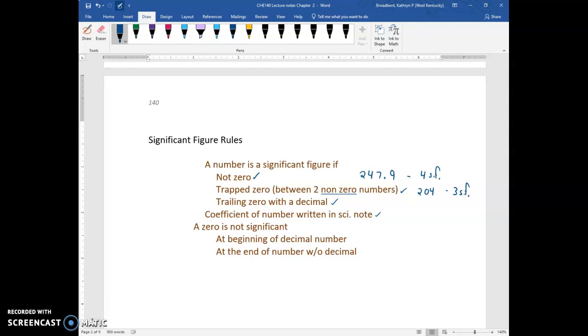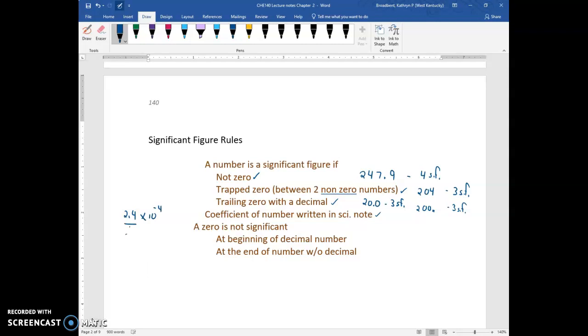A trailing zero with a decimal, so the number has 3 significant figures, and the number 2.00 with a decimal has 3 significant figures. The coefficient of a number written in scientific notation, well, that's just any number. This is the coefficient.